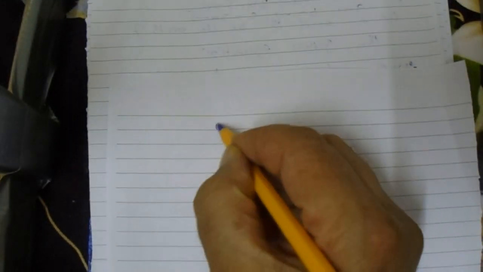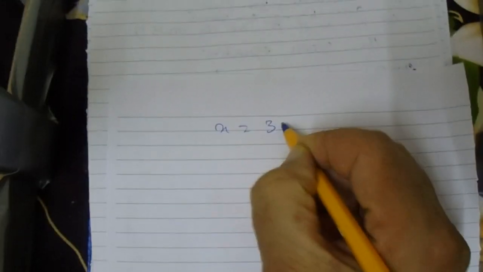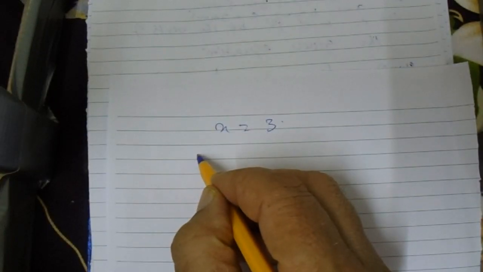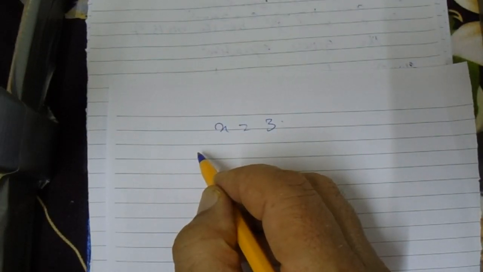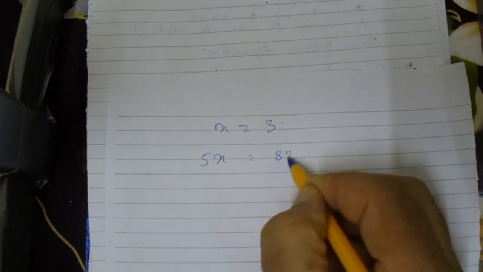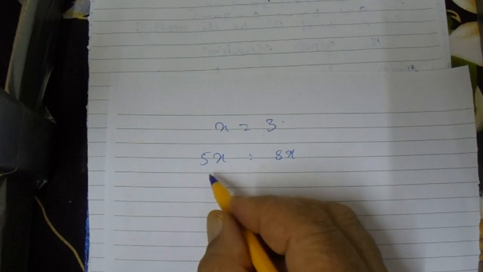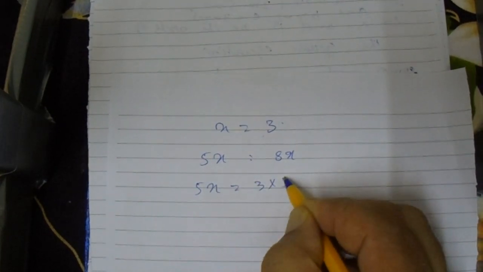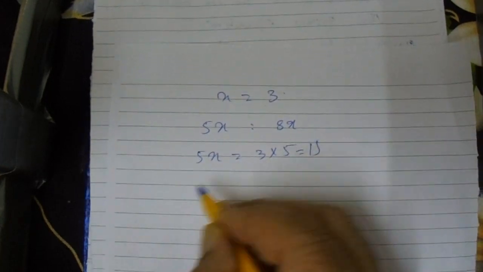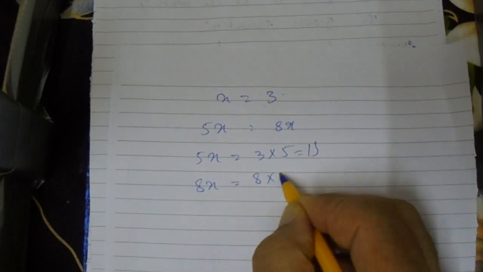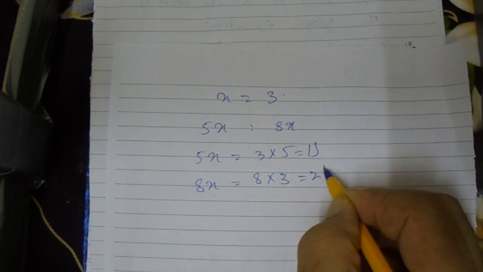Now we have found x is equal to 3, and the numbers are 5x and ratio 8x. Now we multiply: 5x is equal to 3 multiplied by 5 is equal to 15, and 8x is equal to 8 multiplied by 3 is equal to 24.